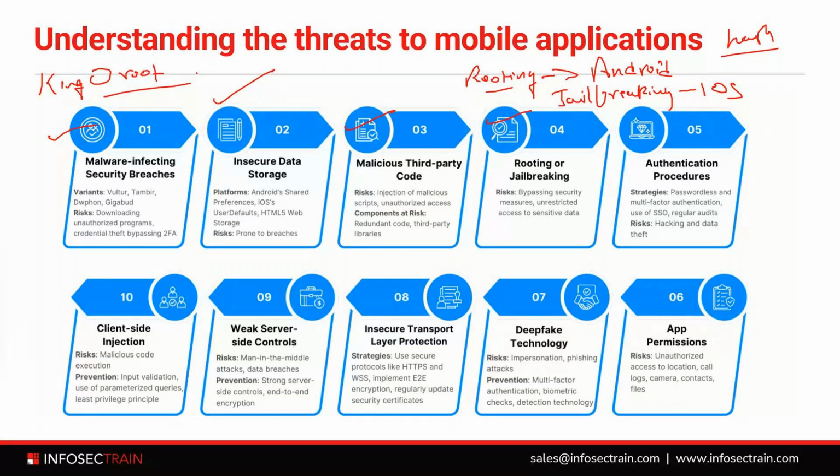You just have to press the lock key and go to the safe boot mode and it will break those barriers. But nowadays it's becoming difficult to root the mobile phones, right?